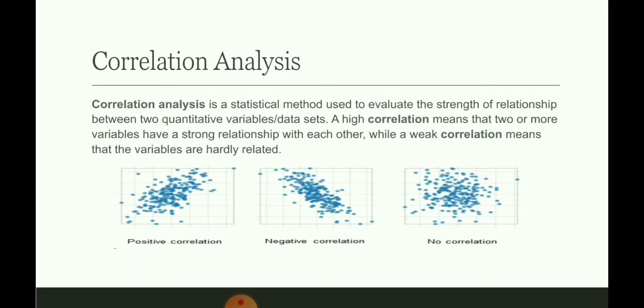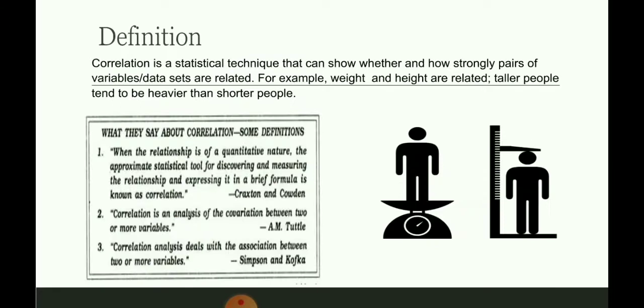This is given in this scatter diagram, in which the first picture shows the positive correlation, meaning one quantity is increasing with the other, and the second, negative correlation, means one quantity is increasing but the other is decreasing. In the third, there is no correlation between the variables.